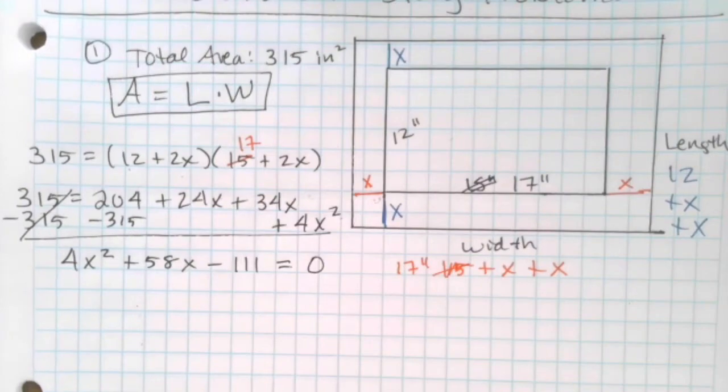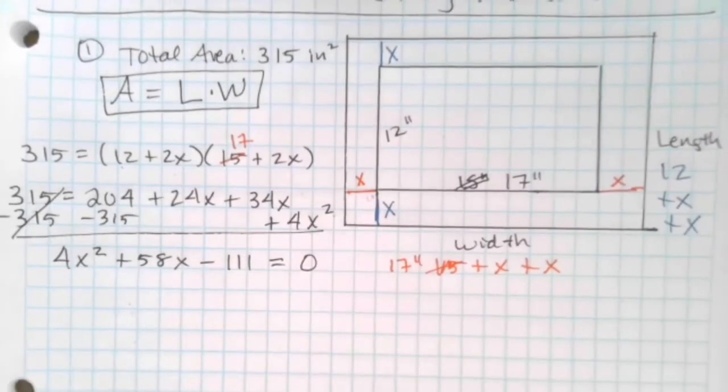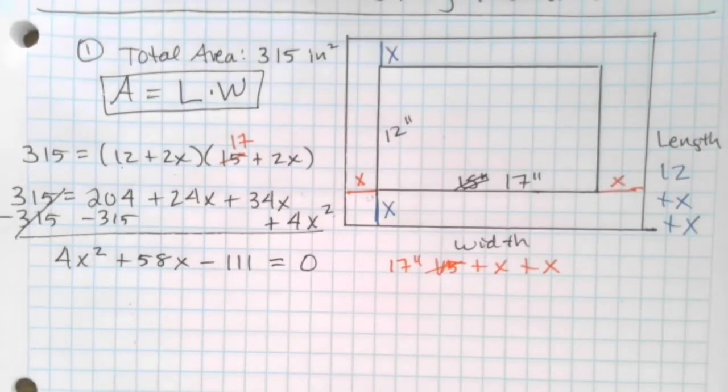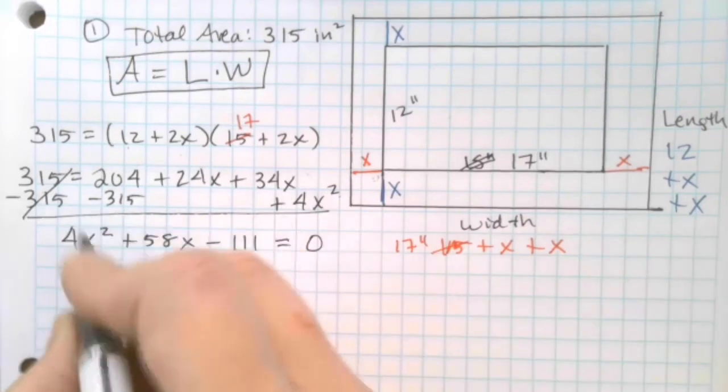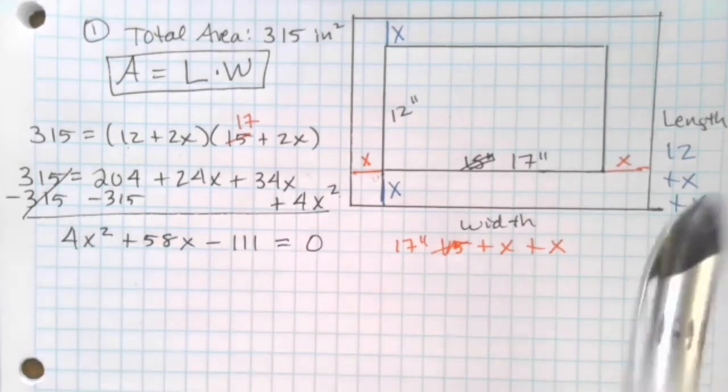Okay, so at this point, you can try to factor, but I wouldn't recommend it. You can also use quadratic formula or completing the square. Probably quadratic formula would be your best bet. So you would go to quadratic formula.